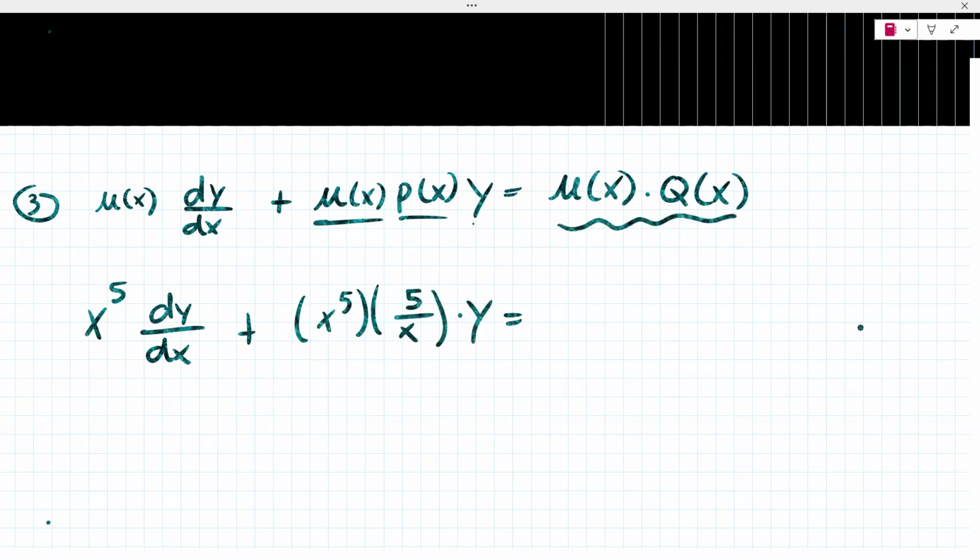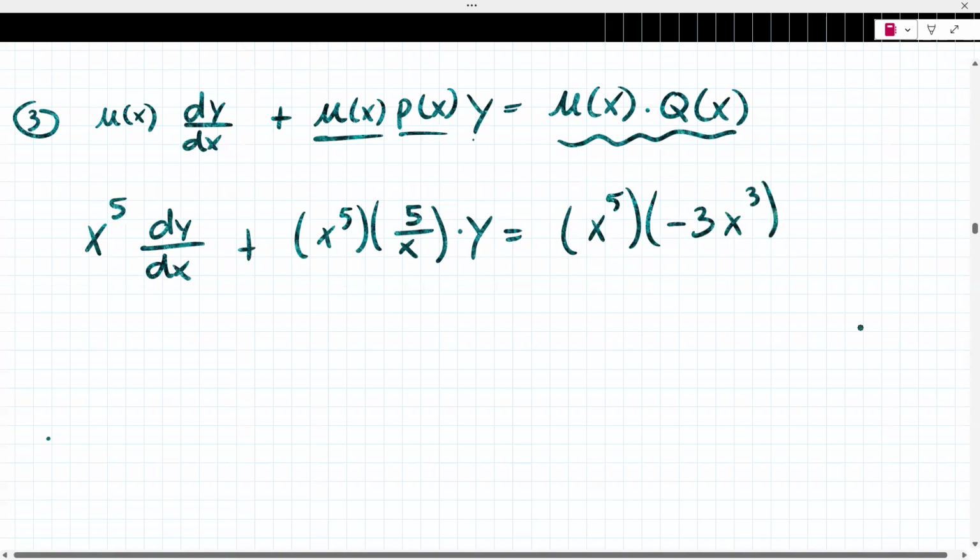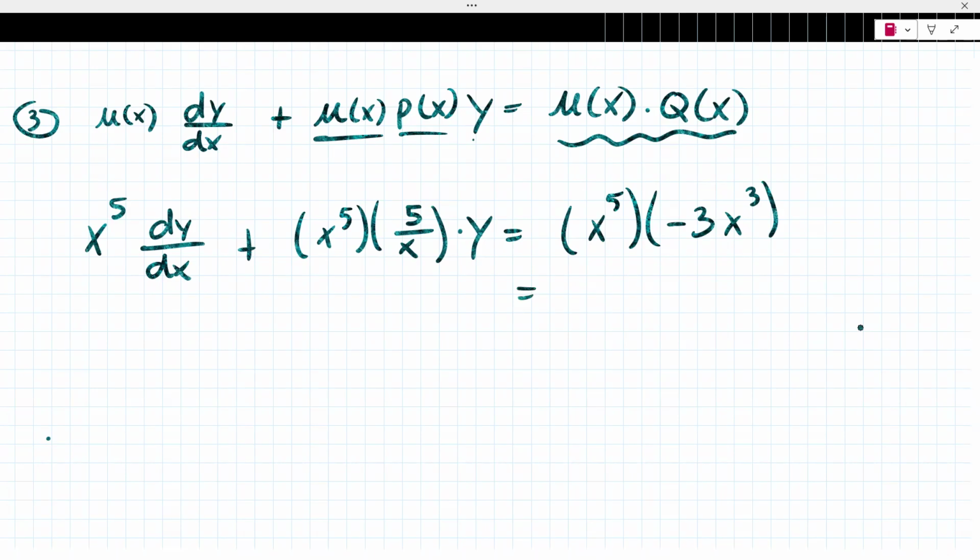For here, what's mu of x times q of x? My mu of x is x^5, and my q of x is negative 3x cubed. So should we simplify that? I think we could. What's x^5 times negative 3x cubed? That's going to be negative 3x to the 8, because when you're multiplying, you're adding the exponents: 5 plus 3 is 8.